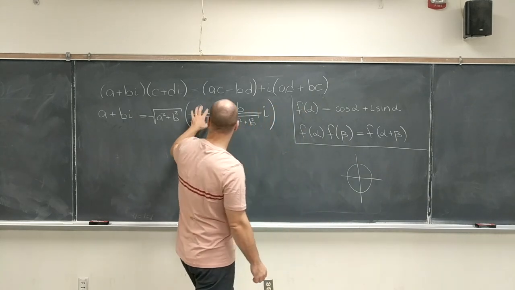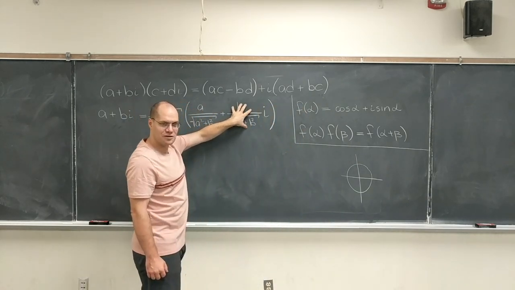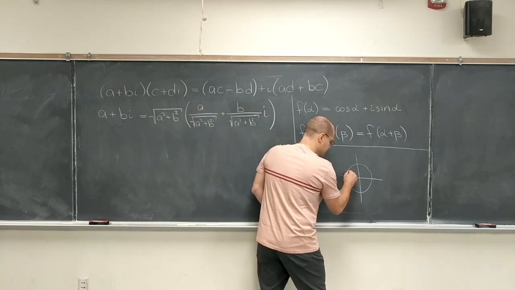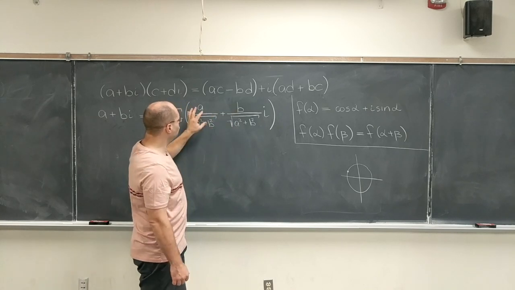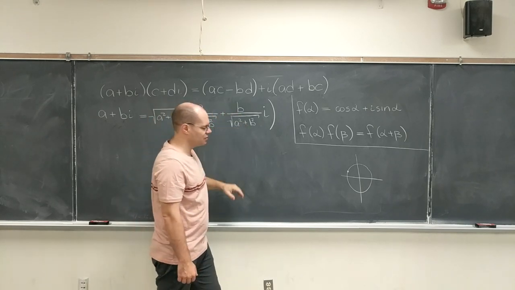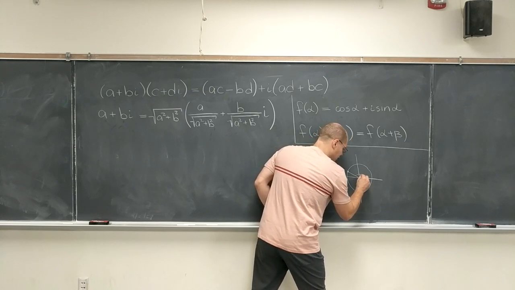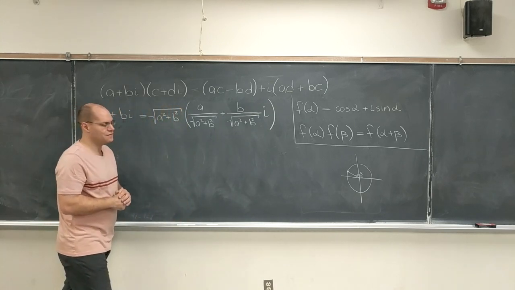If you plot the real part along the x-axis and the imaginary part along the y-axis, it will end up on the unit circle right here. And so two numbers whose squares add up to 1 always correspond to the cosine and sine of some angle alpha. So we'll call that the angle alpha.